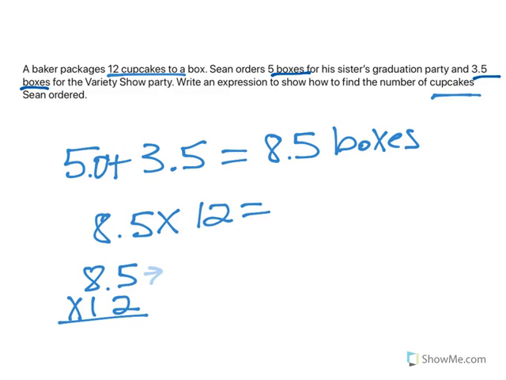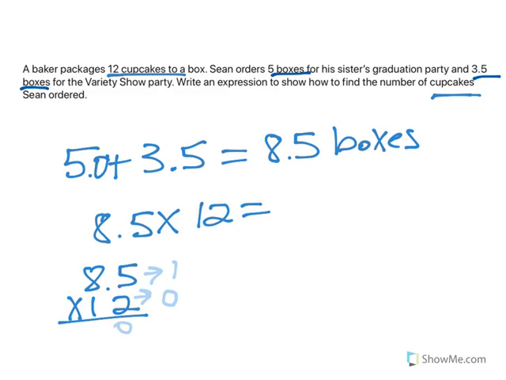Hopefully this looks familiar. If we look at 8.5, we see that there is one digit past the decimal point, and then in 12, we see that there are 0 decimal places. So what that just means is that after we're done multiplying, we'll have to make sure that there is one digit after our decimal point. So let's go ahead and multiply.